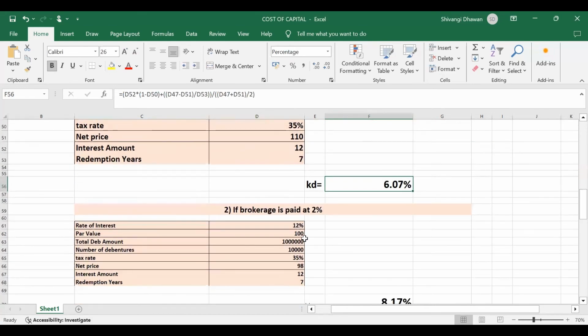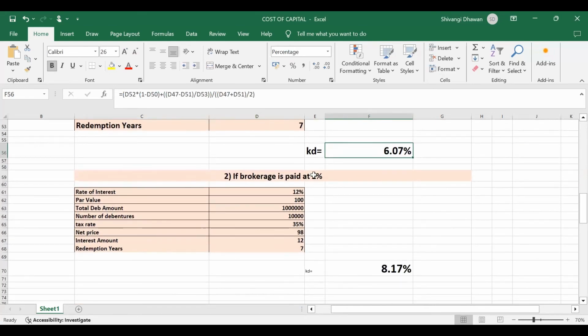Now, if brokerage is paid at 2% and your debentures are issued at par, what will be your cost of debt? Everything remains the same. The only difference is that our net price will now be 100 minus 2% of 100, that is 98 rupees. The interest amount is this, and everything remains the same. Only our net proceeds are different.